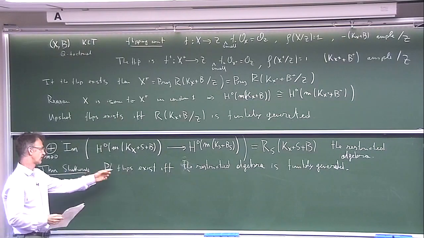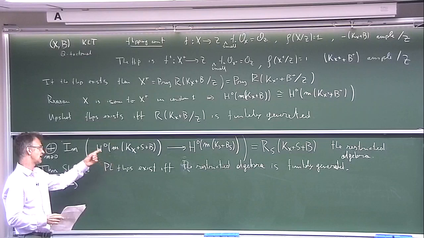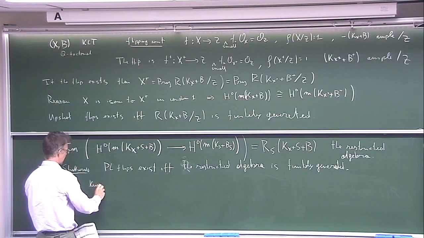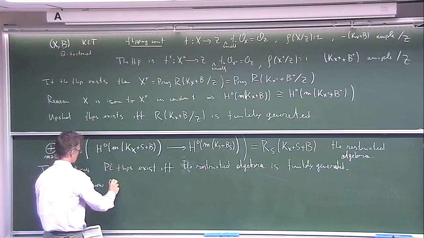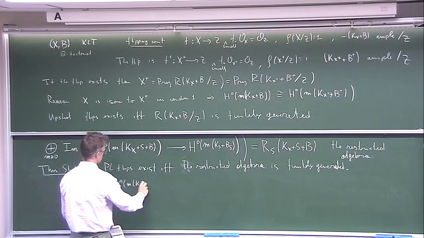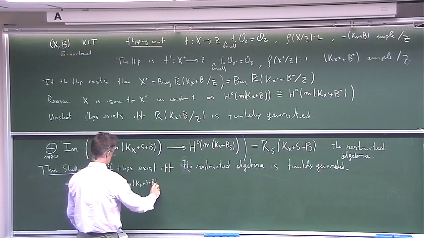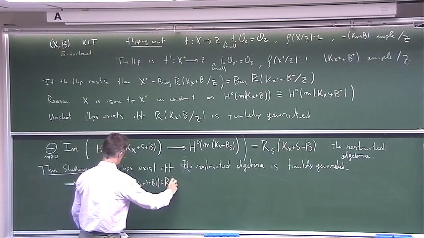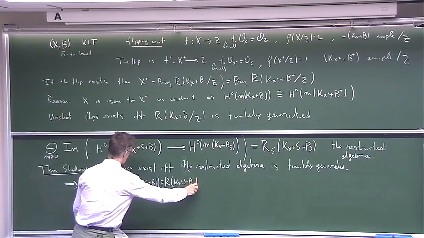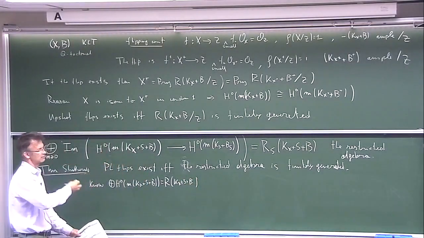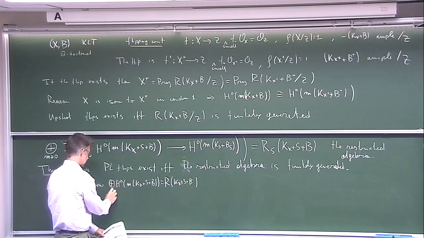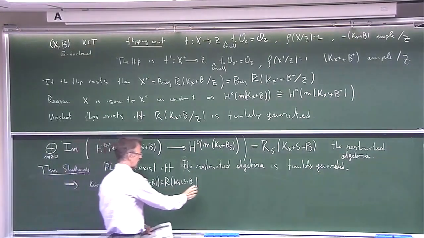You see, if the flip exists, then you know that the direct sum of H^0 of m(K_X plus S plus B), so this is the full pluricanonical ring, I should be saying over Z, but I'm assuming that Z is affine, so I'm sort of suppressing that, is finitely generated.